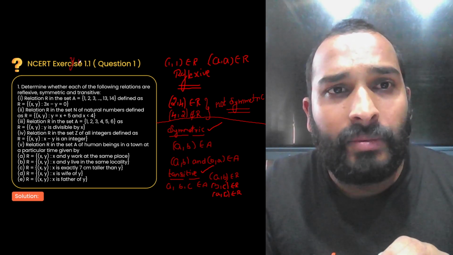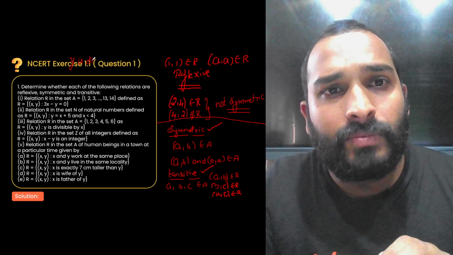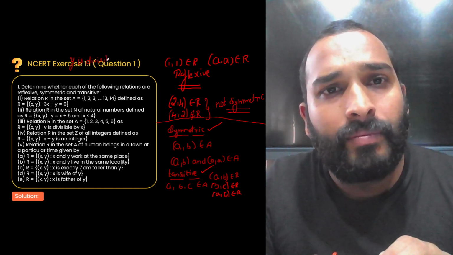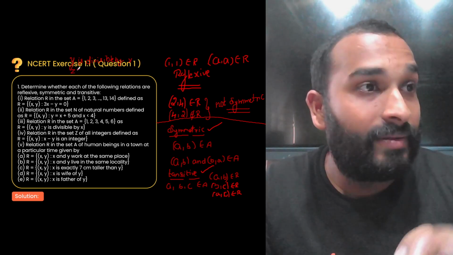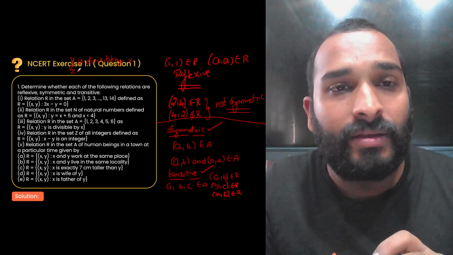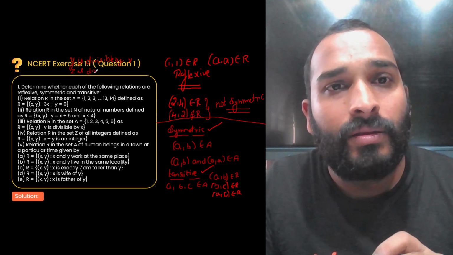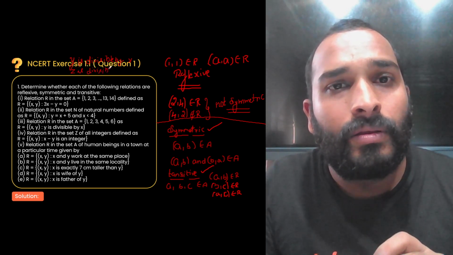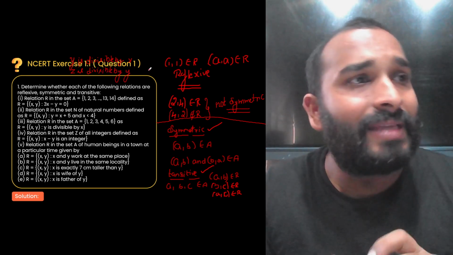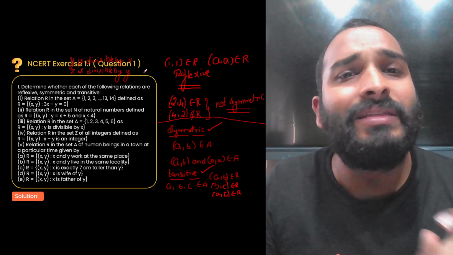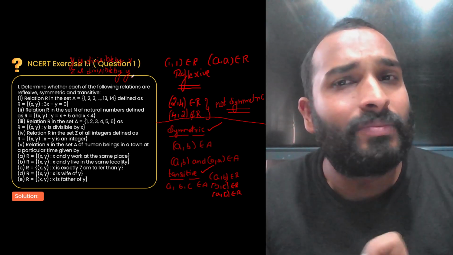So if y is divisible by x, and if you have z that is divisible by y, in this case is it possible to write z is divisible by x, children? Yes, possible.